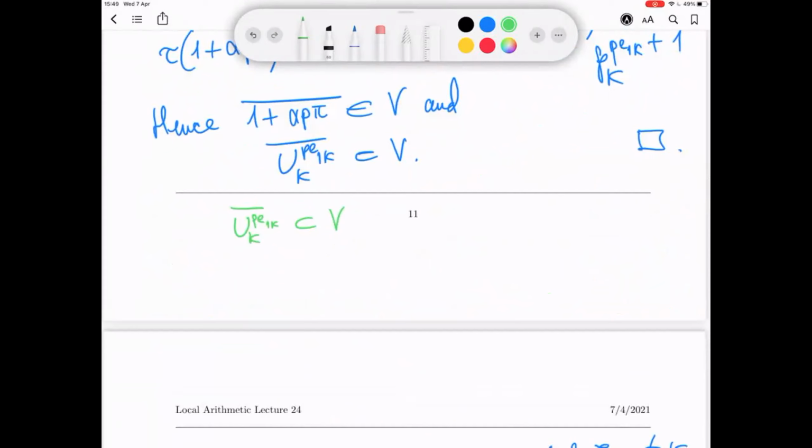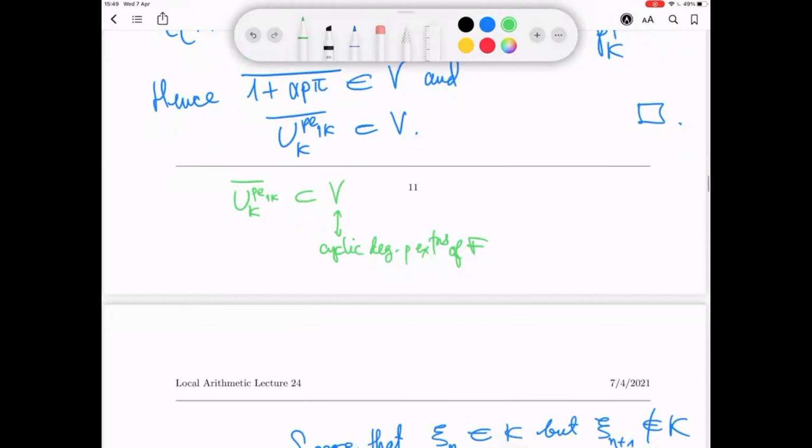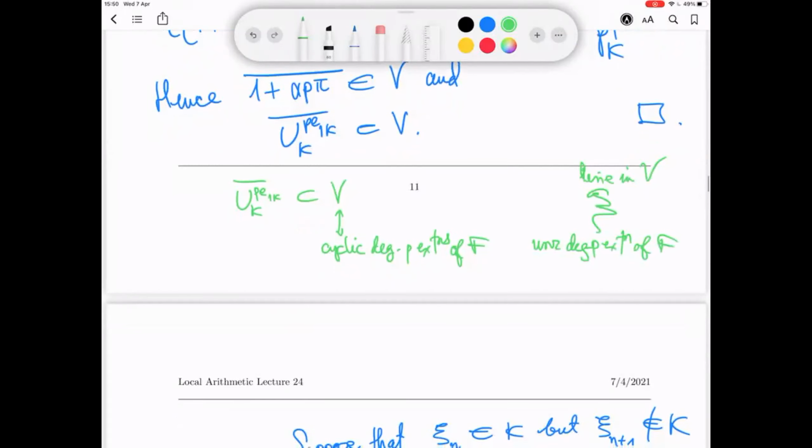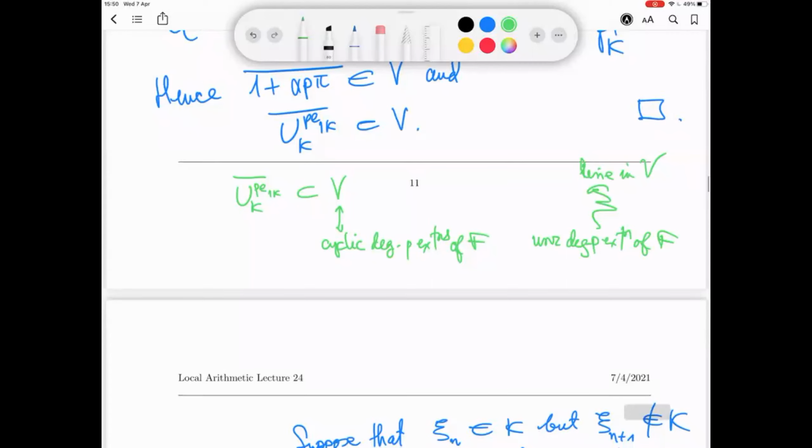What we know is that the lines in V correspond to cyclic degree P extensions of F. Now, if I take the unramified degree P extension of F, that will give rise to some line in V. So let's call it E.